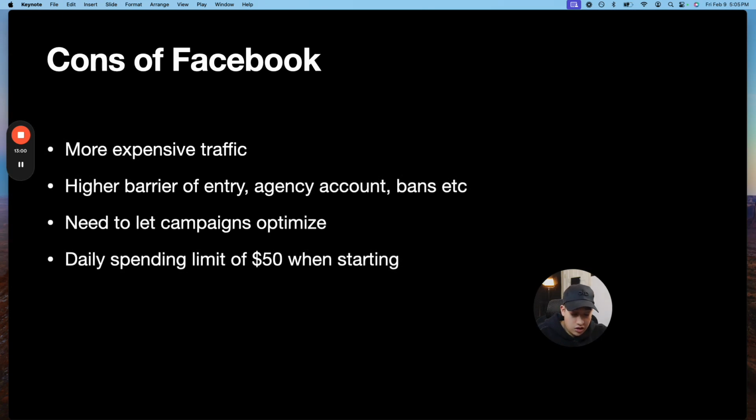And when you're starting off with Facebook, if you don't have a BM already or don't have an ad account, you're going to be hit with a spending limit of $50. The only way to increase this is to hit your daily spending limit every single day and build trust with Facebook, and then they will exponentially increase your spending limits. Now, it helps a lot if your business manager is verified with your LLC.